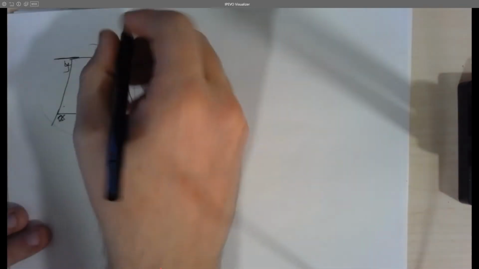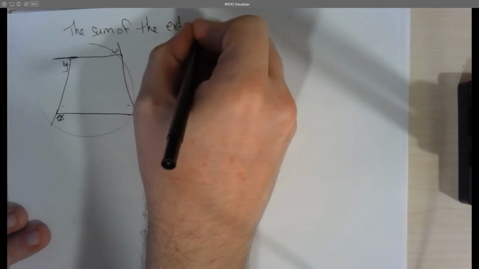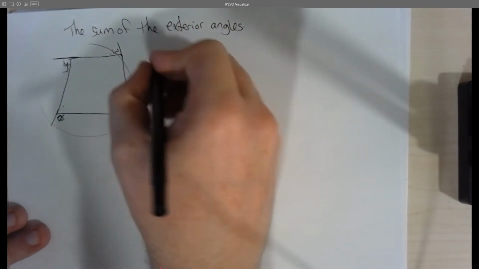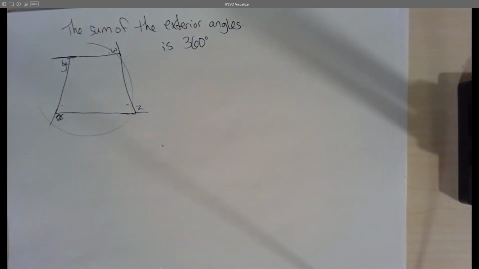So, the sum of the exterior angles is 360 degrees, always. We're going to use that bit of information.